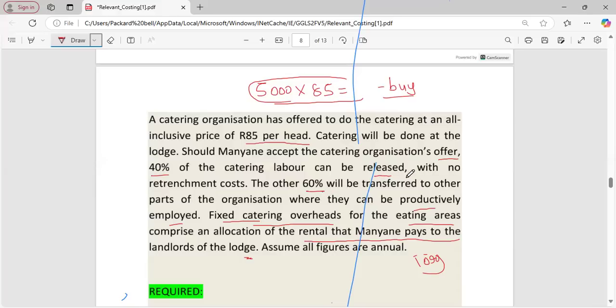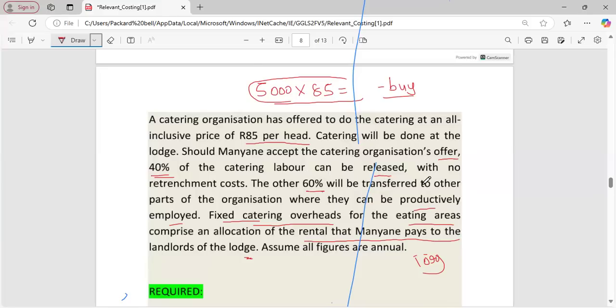You see what you look at when you want to check whether 40% is the one that is relevant. They say 40% of the catering labor can be released if they accept the catering organization's offer. If they outsource, then they can release 40% of the catering labor, which means it's going to be relevant in this decision.